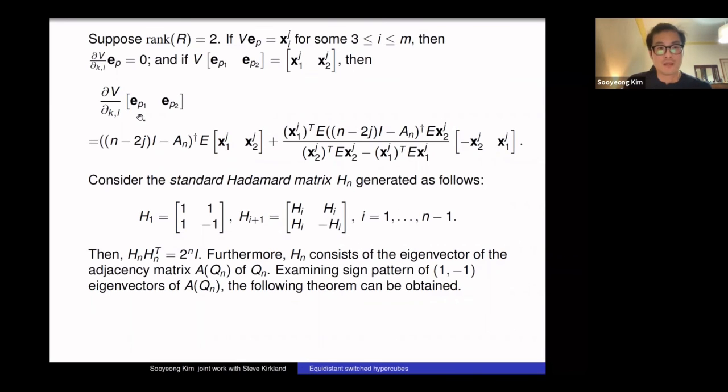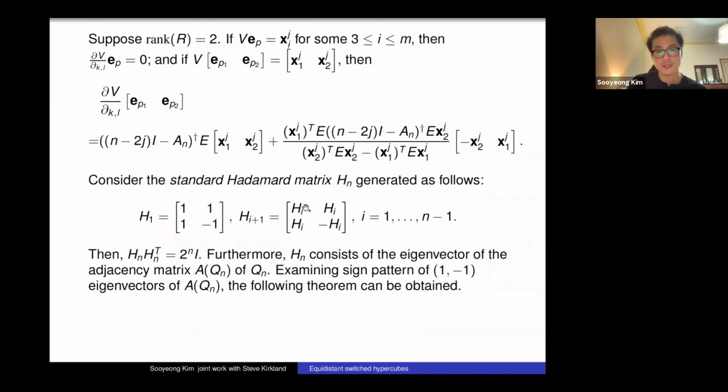Okay, here based on the formula about the second derivative and this observation, we can find the second derivative for the hypercube. So here, Hn is the standard Hadamard matrix, which is inductively constructed here. And one can verify that the Hadamard matrix consists of the eigenvectors of the adjacency matrix of the hypercube.